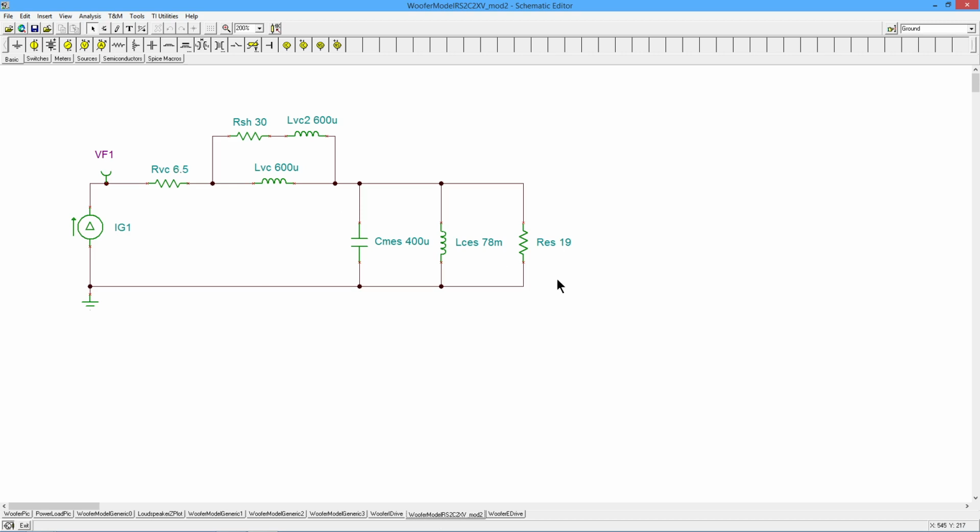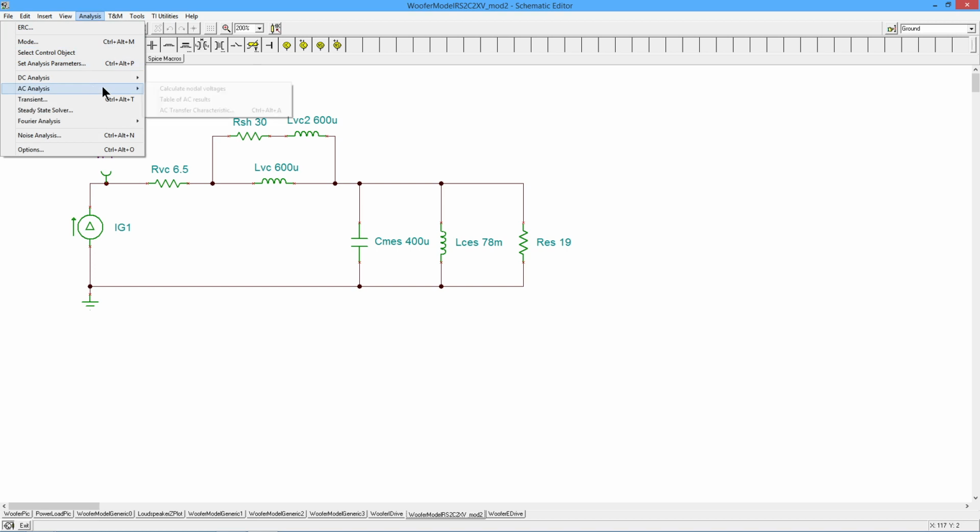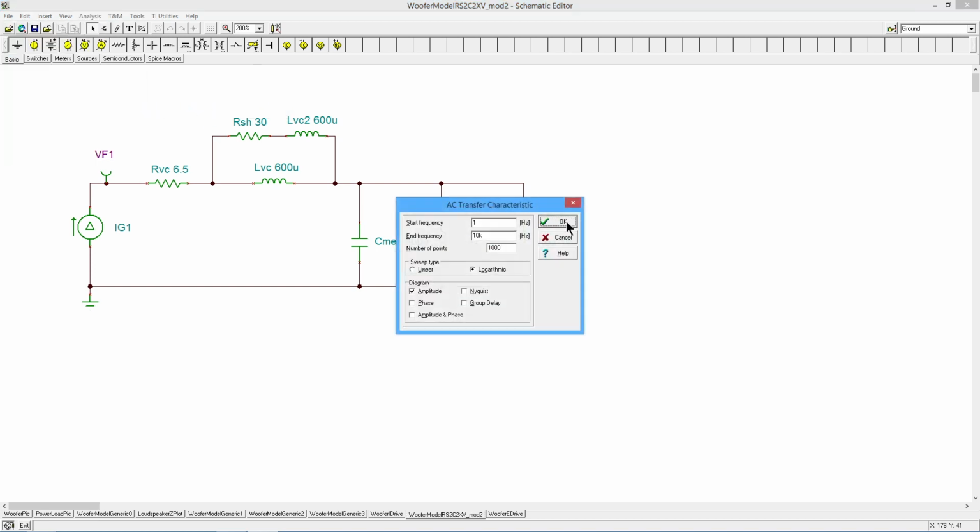So 6.5 and 19 gives me the 25.5 I was looking for. Once I had that established, I could start monkeying with this to get the critical frequency that I needed, and eventually start working over here to get the high frequency end that we needed. So let's take a look at the resulting curve.